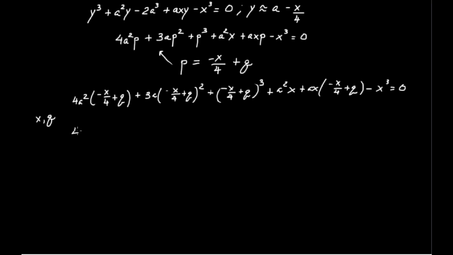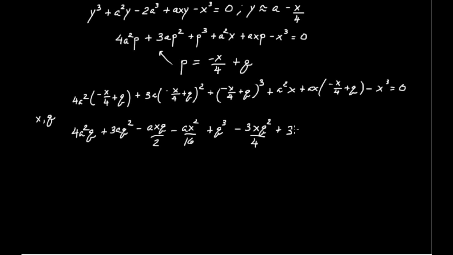I get 4a squared q plus 3aq squared minus axq over 2 minus ax squared over 16 plus q cubed minus 3xq squared over 4 plus 3x squared q over 16.